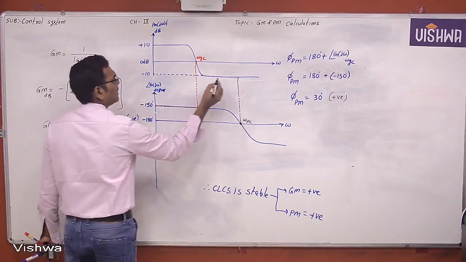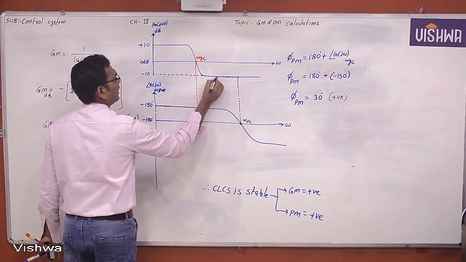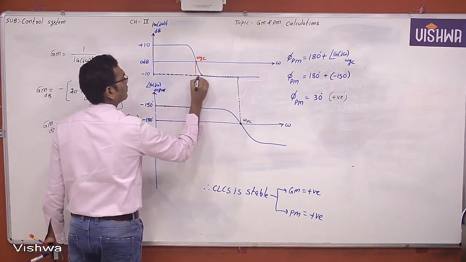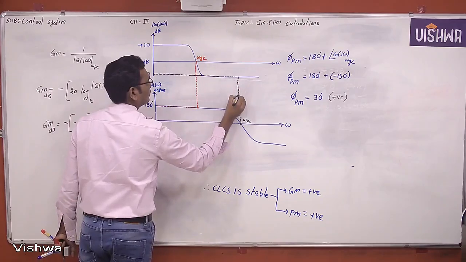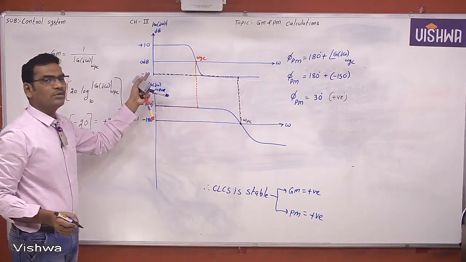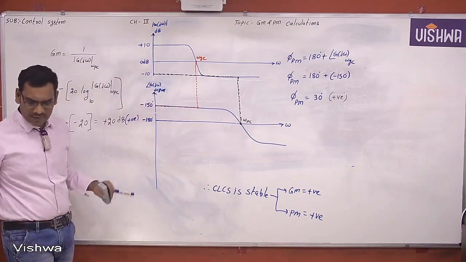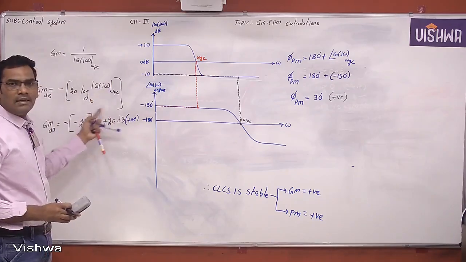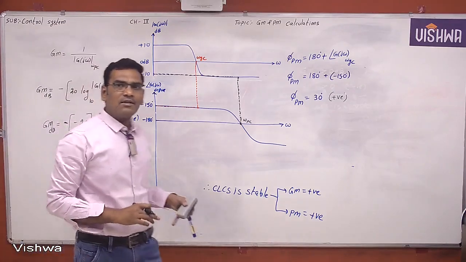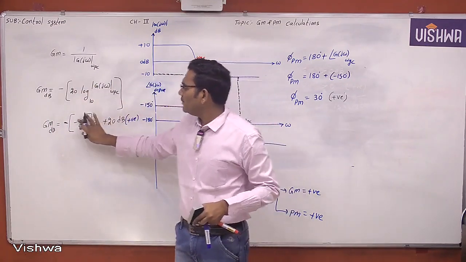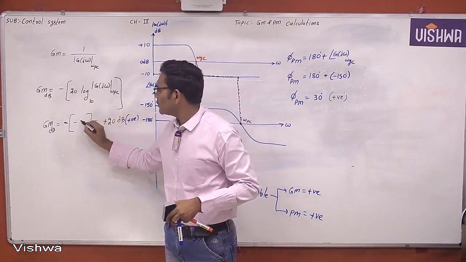At the phase crossover frequency, what is the magnitude? The magnitude in terms of dB is minus 10 dB.